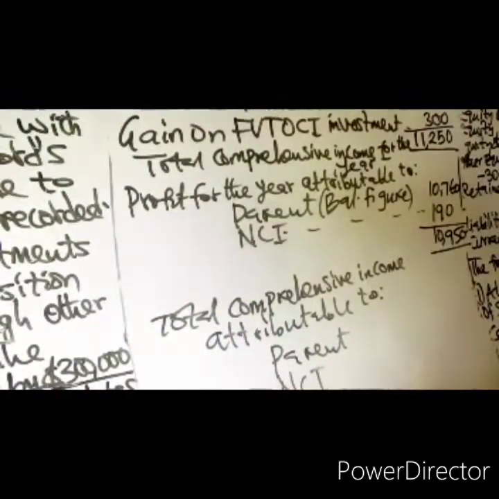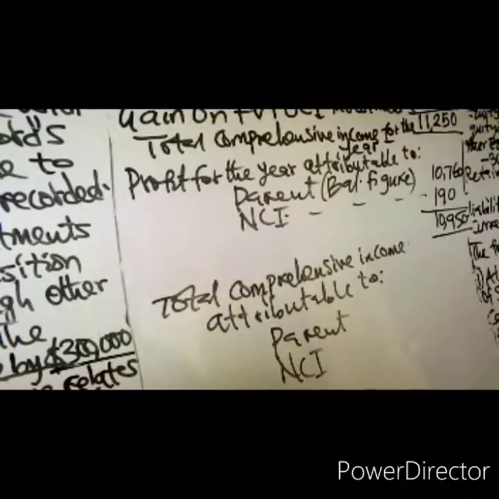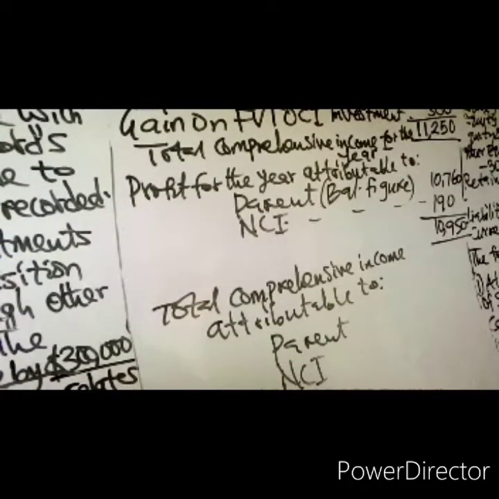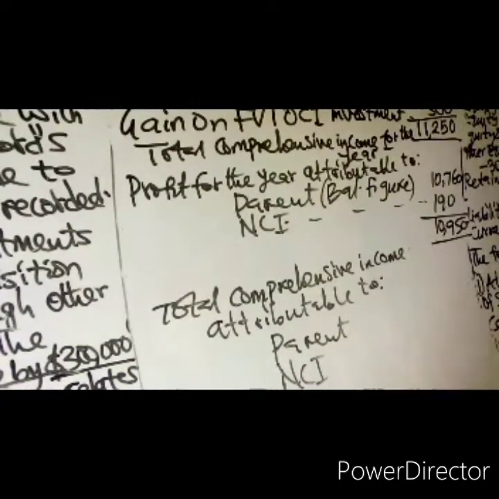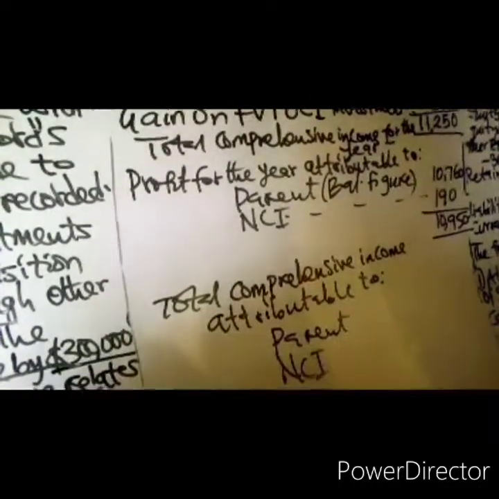The one attributable to the parent company and the one attributable to the non-controlling interest. So, the one attributable to the non-controlling interest is 190, being the NCI as calculated above.